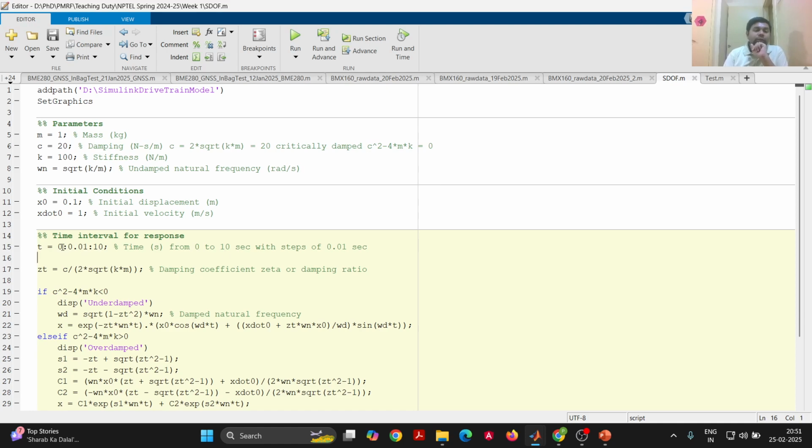This is the command which creates this time array directly for us, so we don't have to list down the values manually. It is start time colon time step colon end time, and that creates this array for us.